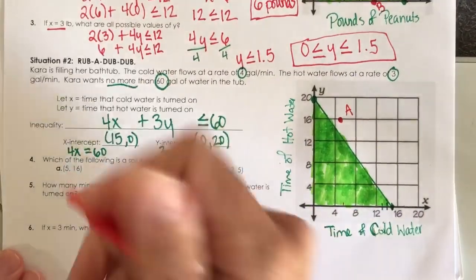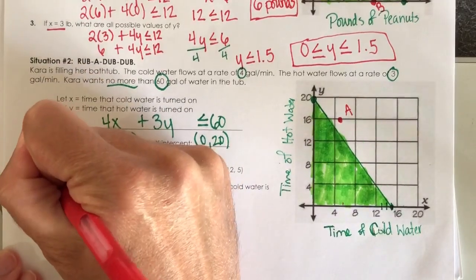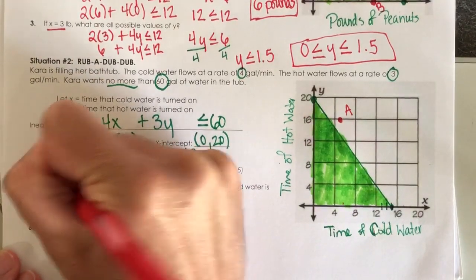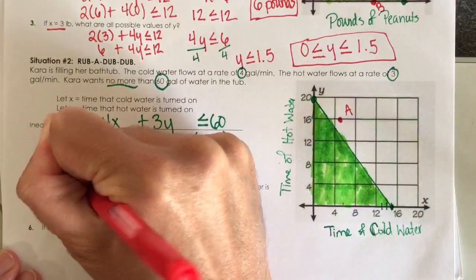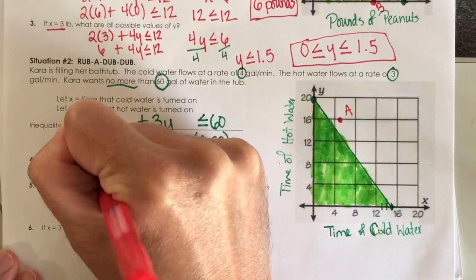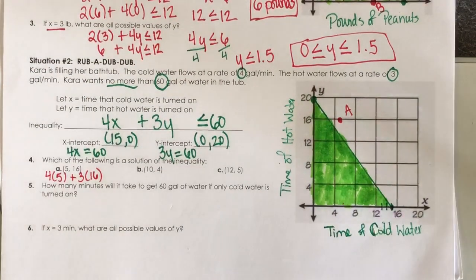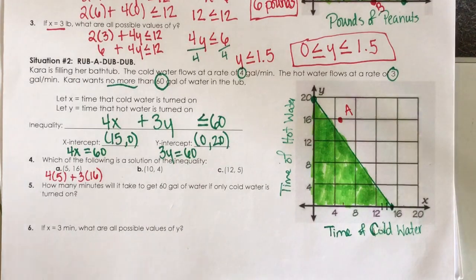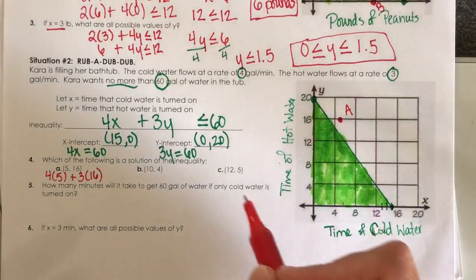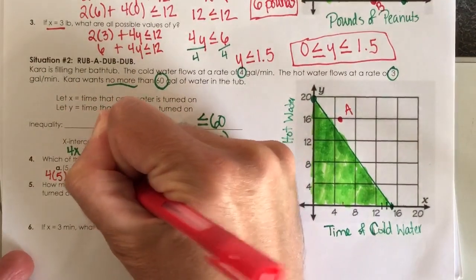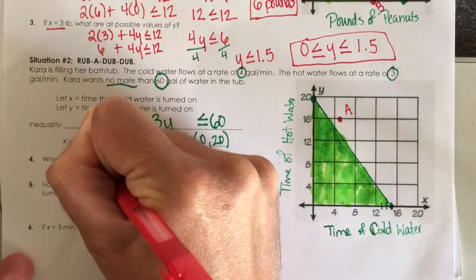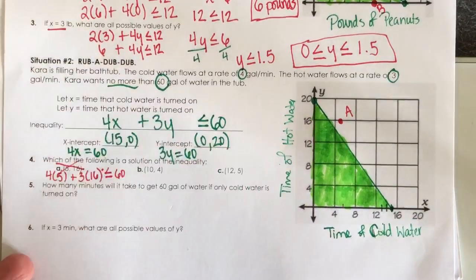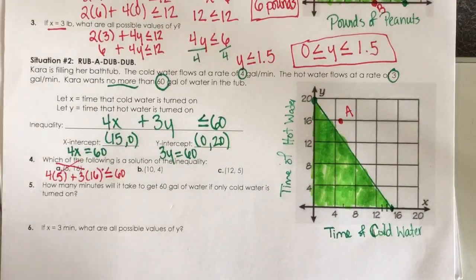If I take my 5 and plug it into my x, and I take my 16 and plug it into my y, 4 times 5 is 20, and 3 times 16 is 48. 48 and 20 is 68, and 68 is more, so it's not less than or equal to 60. So this one does not work because it is for sure outside of the shaded region.